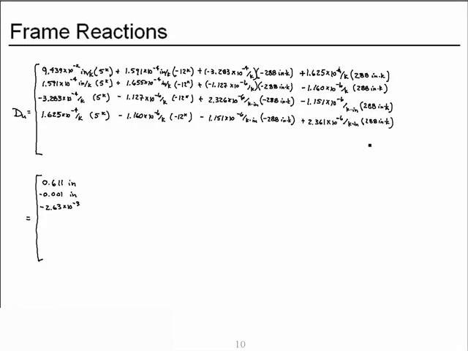Put that together and we get a positive 1.94 times 10 to the minus 3 radians.